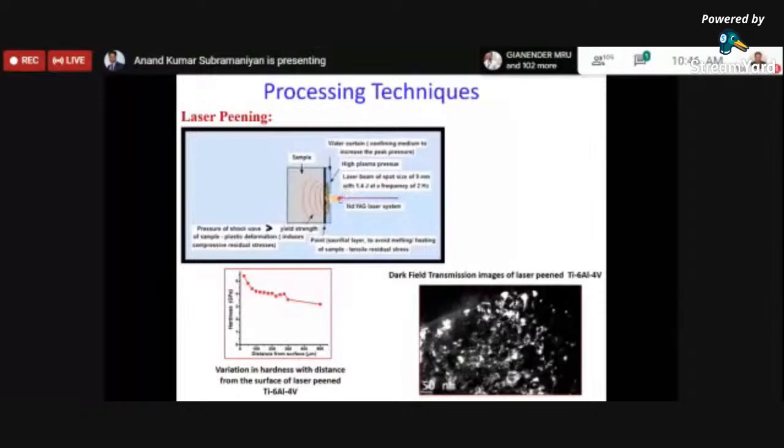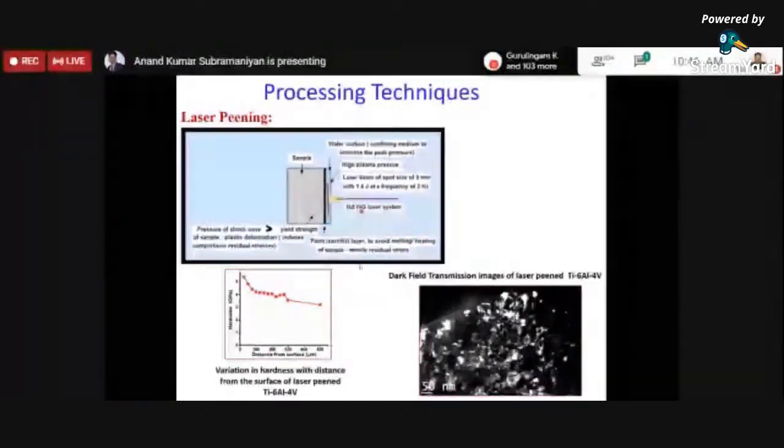So the intensity of the pressure shock wave which will penetrate into the sample has to be higher than the yield strength of the material. Thereby localized plastic deformation happens, and it will introduce compressive residual stress, as well as severe plastic deformation.